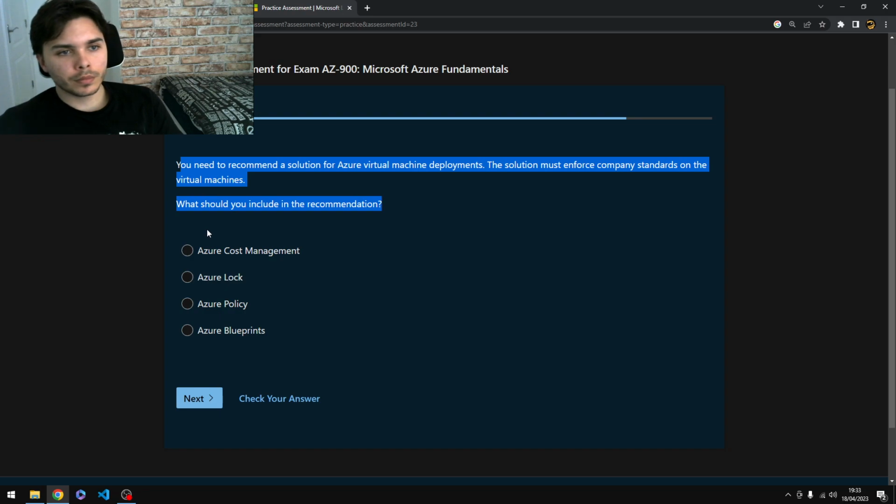You need to recommend a solution for Azure virtual machine deployments. The solution must enforce company standards on the virtual machines. What should you include in the recommendation?